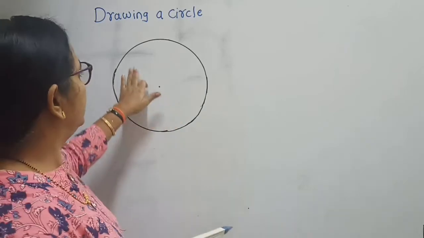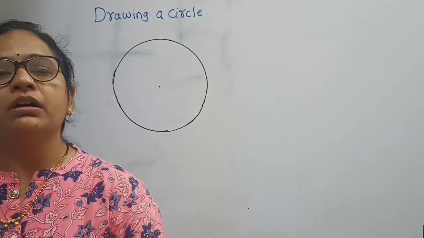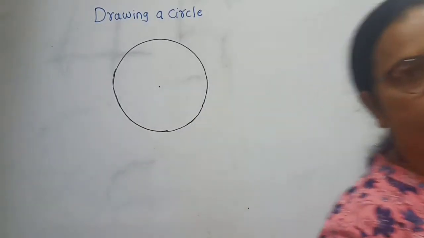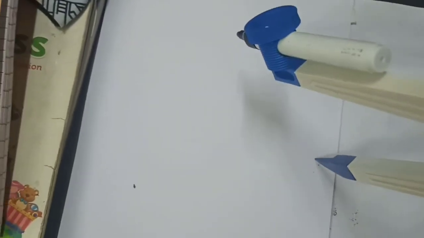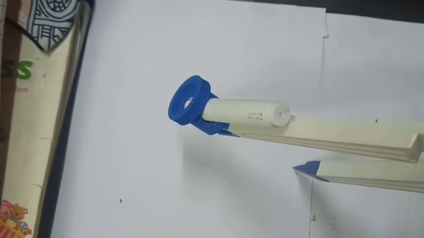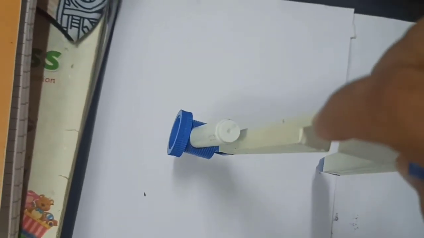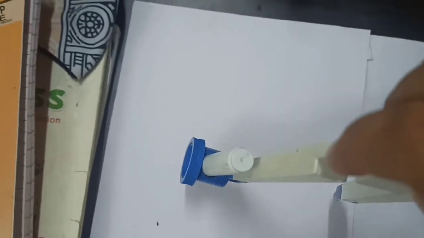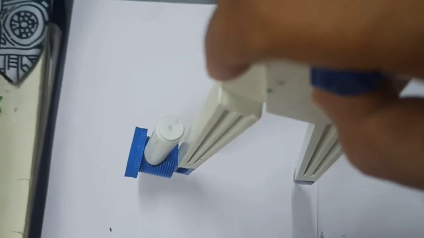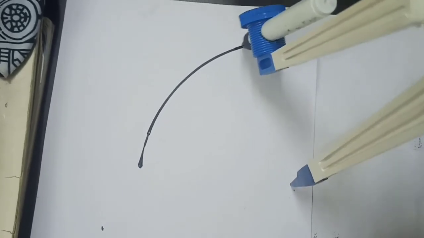Here is our circle. Now I am showing you how to draw a circle on paper. See here, children, put the point here on the paper or in the notebook. Then the second point, the pencil, down, and then start to make a circle.